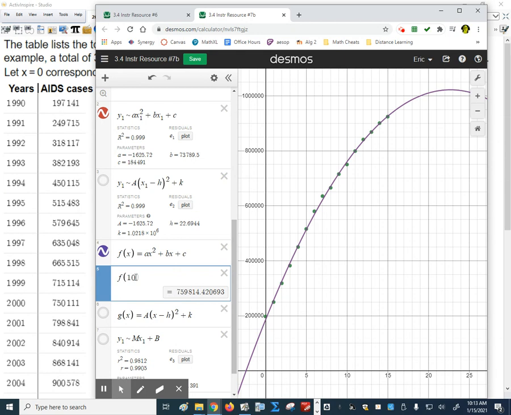So I can make very accurate predictions of what values should be, whether I'm interpolating, picking values within the range of my data set, or extrapolating, making guesses about the future, for example. Everybody give me a 1 to 5 on that.